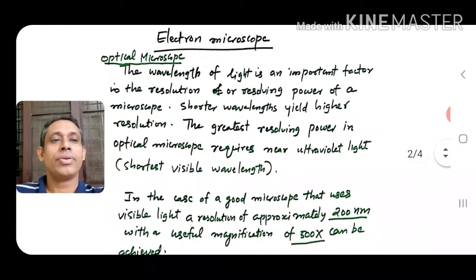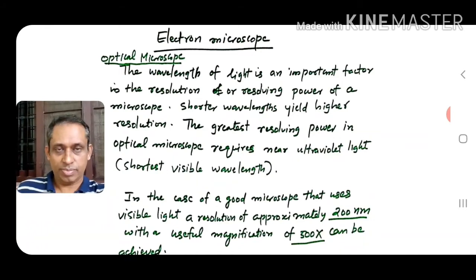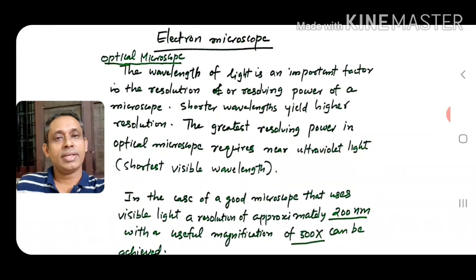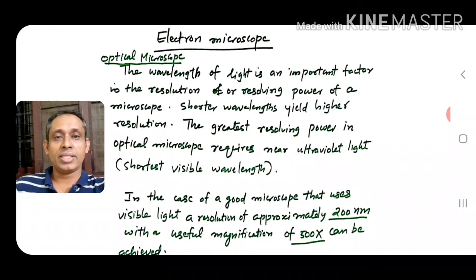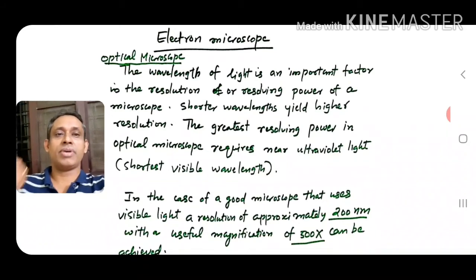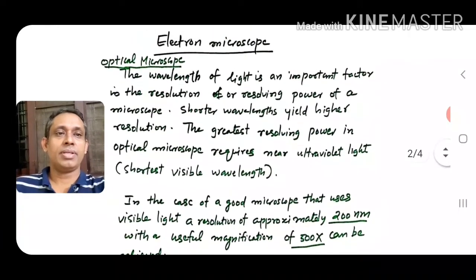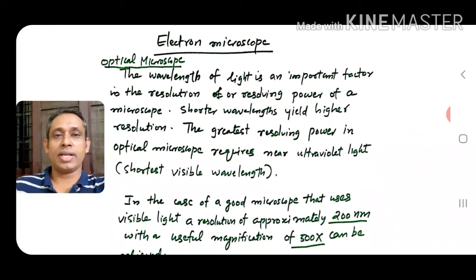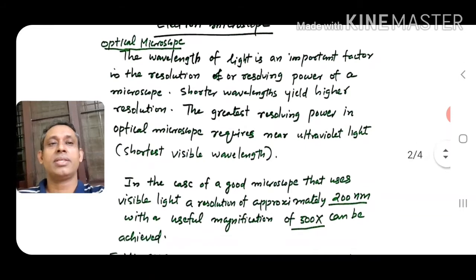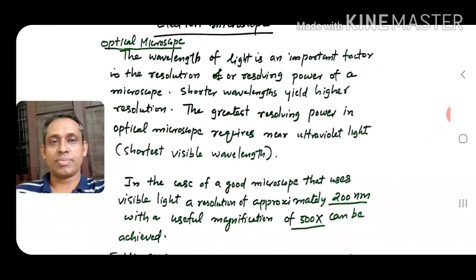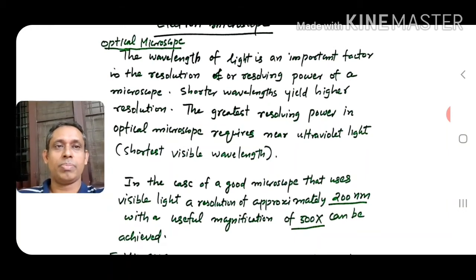Before going into that, let's see an optical microscope. An optical microscope is a microscope where light is used to illuminate an object and get a magnified image. We use lens systems, like the objective lens, the magnifying lens or the projection lens, and we use visible light in the optical microscope.